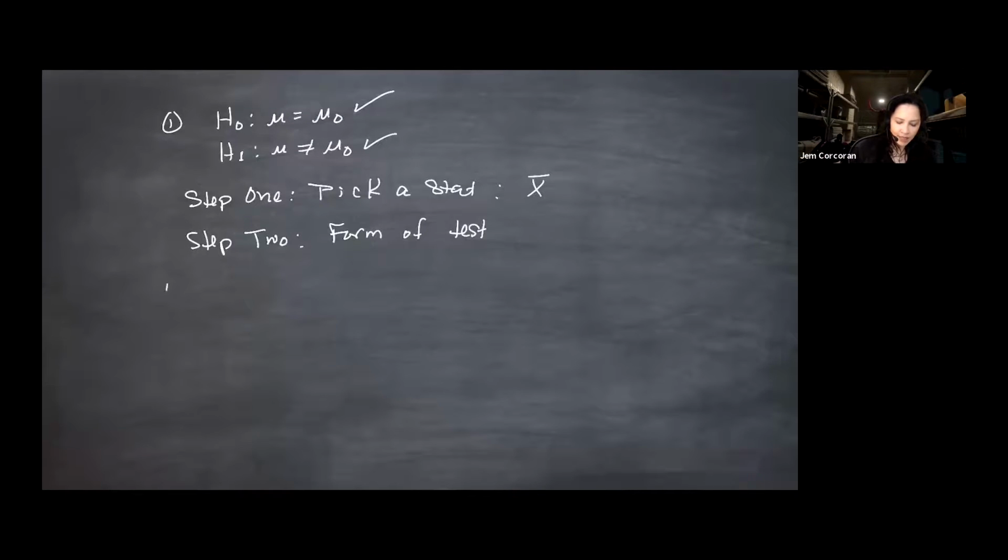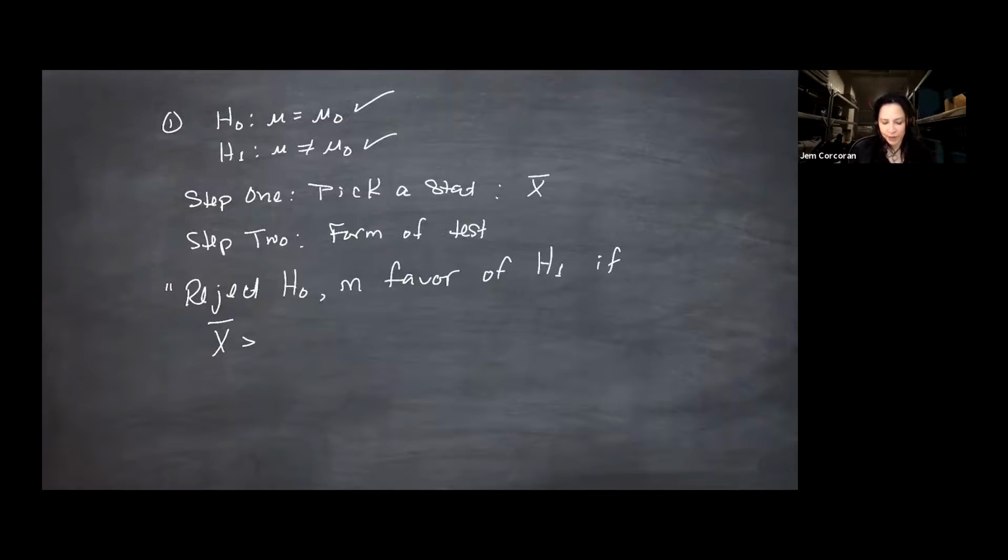So it could be reject the null hypothesis in favor of the alternative if X bar is greater than some, well, there's actually 2 points I want to make here. So greater than some C or less than some D.